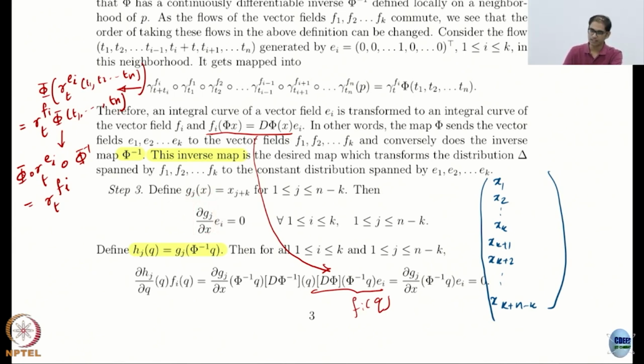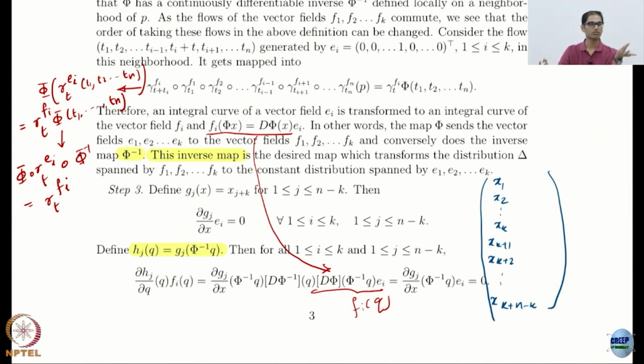It's just unit vectors, much easier to construct this. Now once I have constructed this annihilator in the Ei coordinates, I can take it back to the original coordinates, that is the F1 to Fk system, just by doing a transformation. That transformation comes from here, which is why this thing is a bit complicated, and it's pretty easy to show that once I make this backward transformation, this will also have the same property, that del Hj del q Fi will be 0, because I moved back and forth with the same coordinate change.